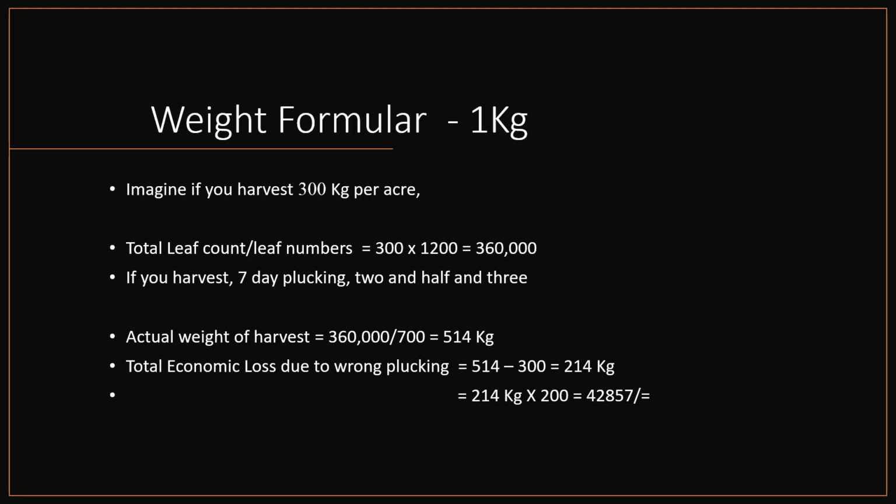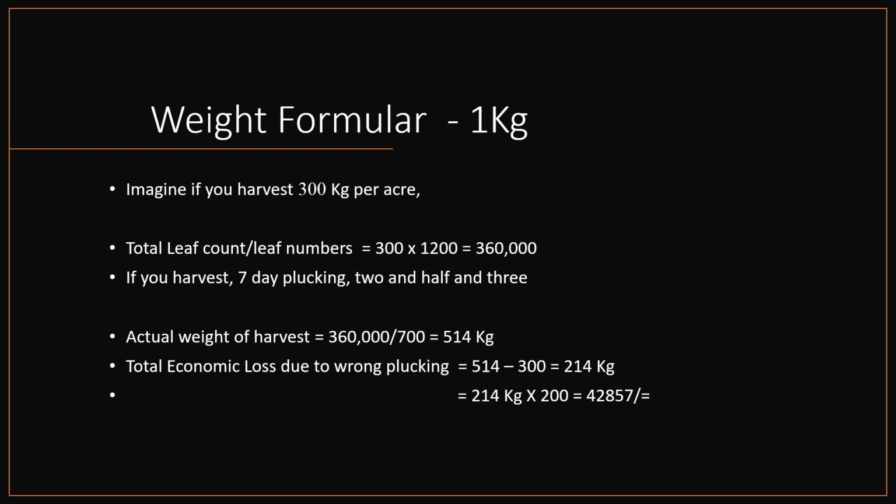So we had calculations. Imagine the weight formula for 1 kilogram. Imagine the average harvest in the Sri Lankan scenario is normally around 300 kilograms per acre. If you multiply the total weight by 1,200 total buds and small leaves, it means 360,000 total leaves, buds and single leaves.